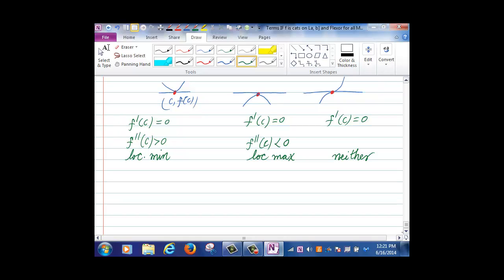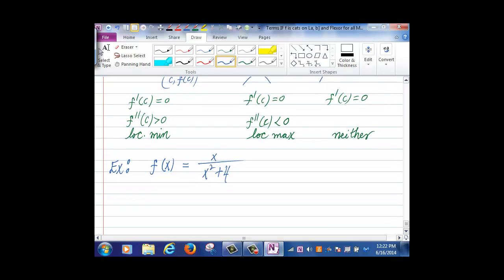So let me just go over an example, to explain how to use the second derivative test instead of writing it down in words. Let's say I have the function f of x, given by x over x squared plus 4.